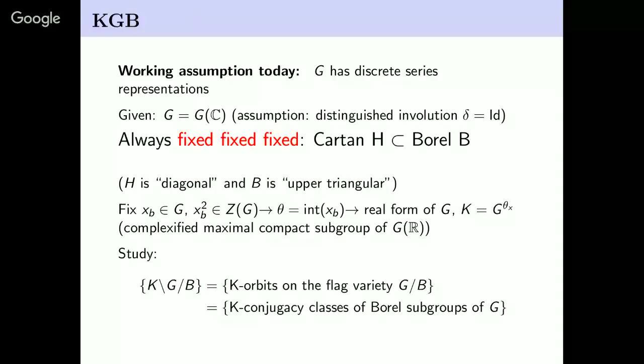Okay, so we're talking about K conjugacy classes of Borel subgroups. Here's the big theorem that's behind the Atlas software. This space KGB is in natural bijection with the following set.